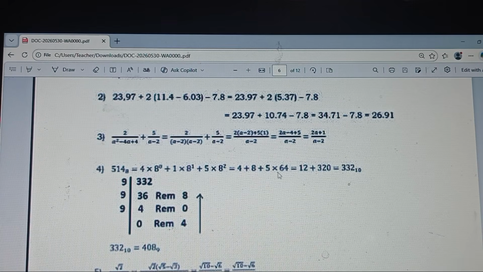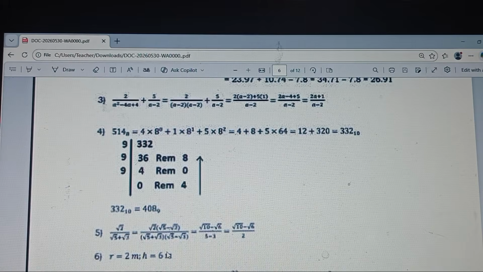Then you make addition, you get 332 in base 10. After that, you divide by 9. You divide by 9, you get 36. Divide with 9, you get 4. Divide with 9, you get 0. Then you read from below to above. You write 408. That is the correct answer.